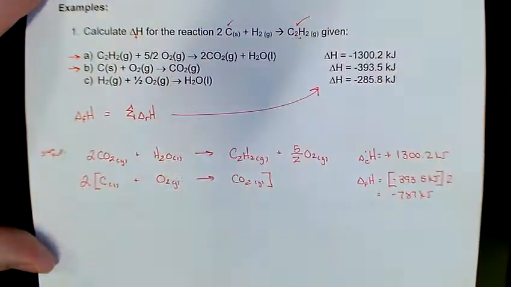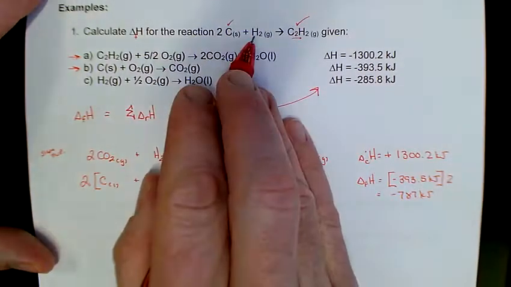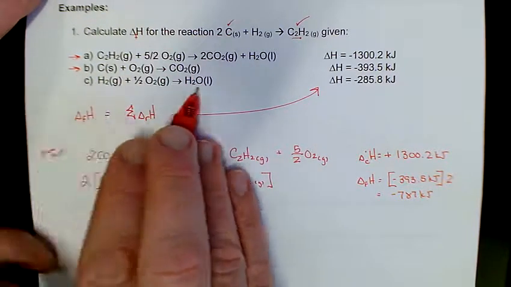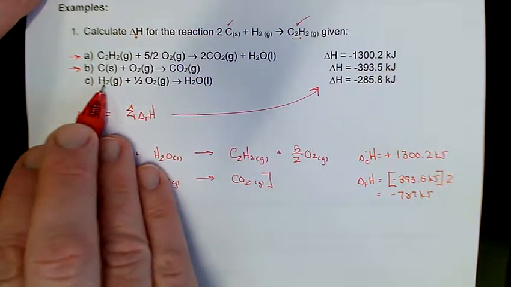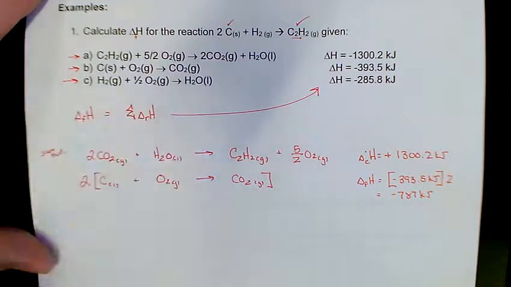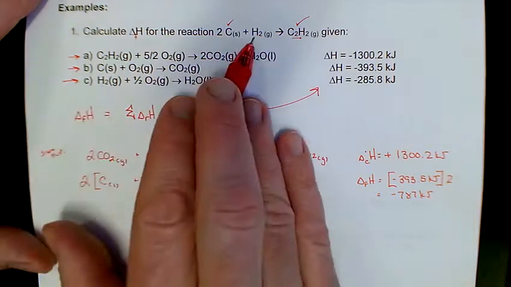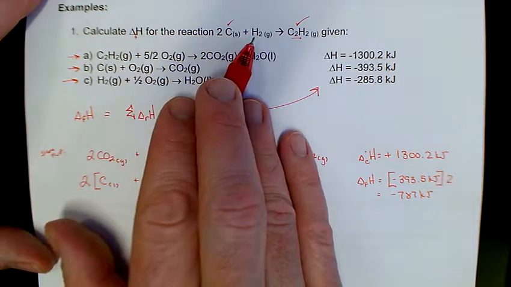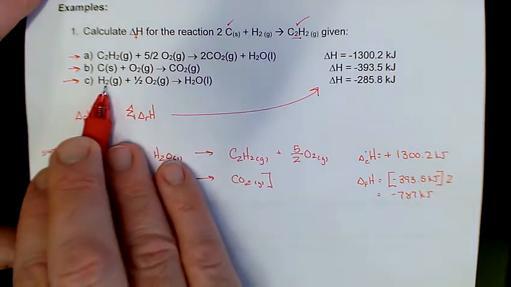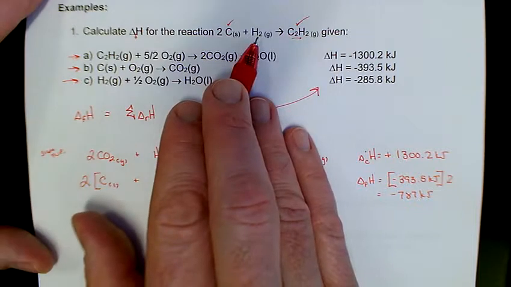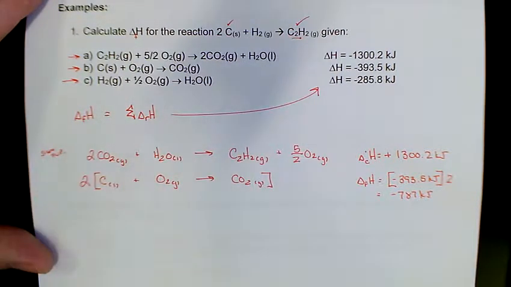Okay, I have one more thing to put in, so I've got in my acetylene, I've got in my carbon, now I just have to put in some hydrogen. As I look at my equations, we're lucky again in this case, only one thing has hydrogen, so I'm going to have to use C to put in my hydrogen. Hydrogen is a reactant in my source equation. It's also a reactant in my target. It's 1 mole quantity in the source, and it's a 1 mole quantity in the target, which means that there's no manipulation I need for this one.